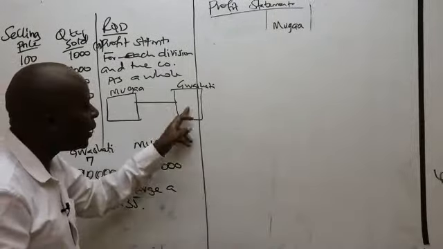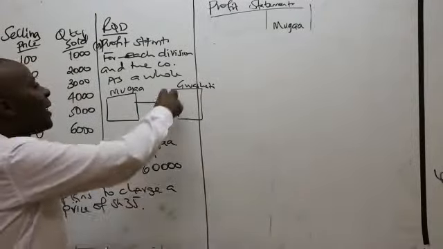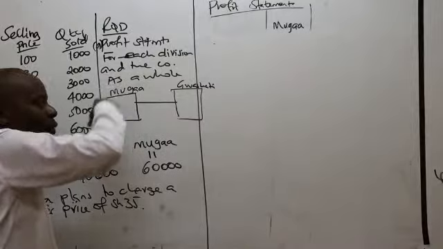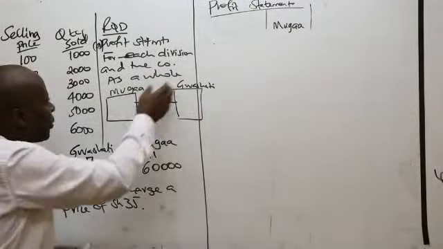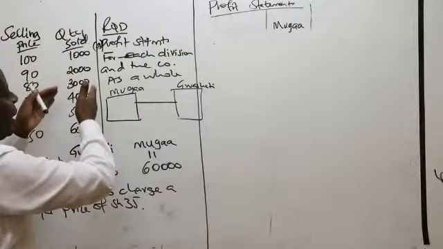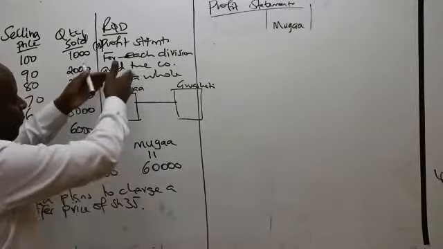So the quantity that Washati will sell to the external customers is the same quantity that Muga will be forced to produce. These quantities you are seeing here are quantities of Washati, but at the same time, they have to be the same quantities which will be procured from Muga.